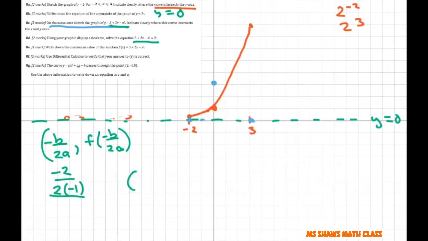So we have a 1 for the vertex. And now we plug 1 back into the equation to get our y. So y equals 3 plus 2 minus 1, which is 4. So it's 1, 4. So 1, this is 3, 4. So it goes like this.